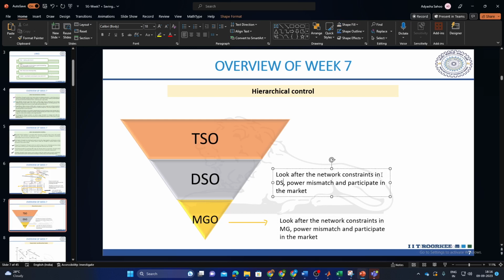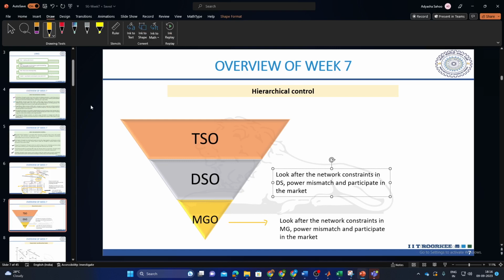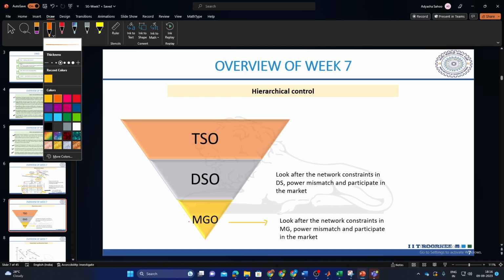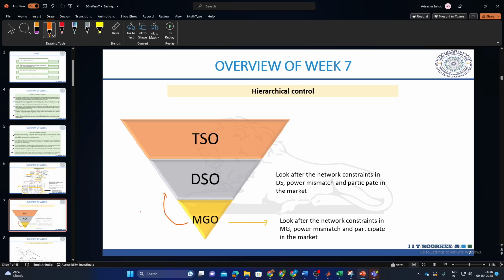And similarly, what will the distribution system do? Here we have the various microgrids, 1 to n, and they will report their power mismatches to the distribution system operator. Then the distribution system, considering the power demand from these microgrids 1 to n and looking after the network constraints of its distribution system, will calculate the power mismatch.